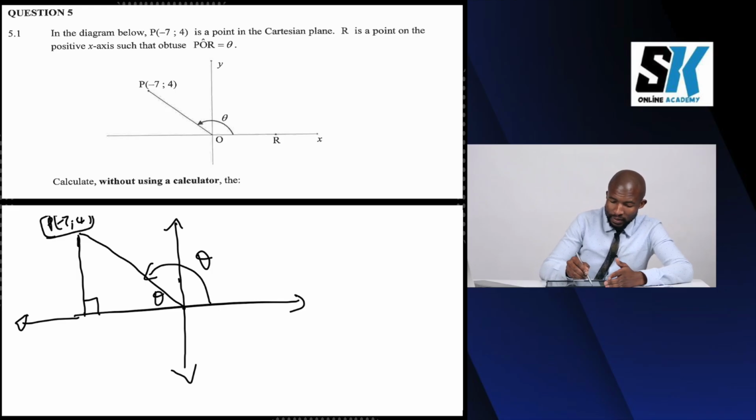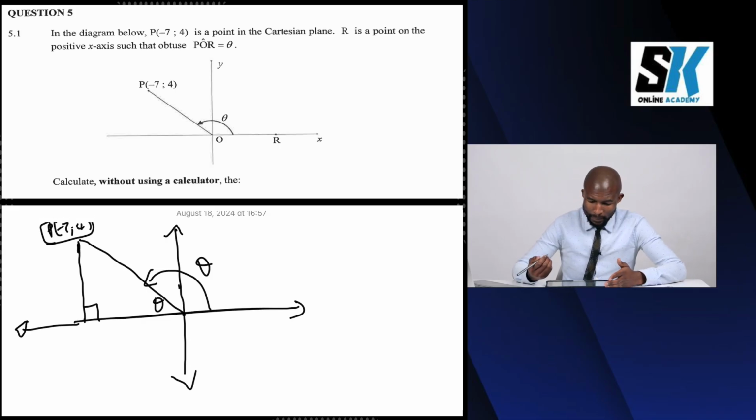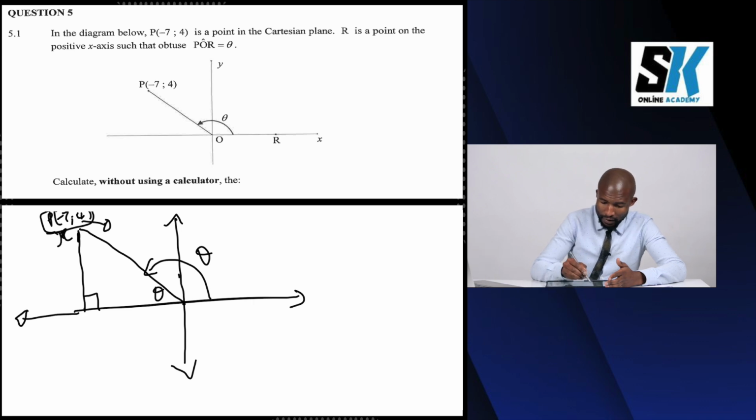Since we have P, so we know that P is (-4; 7), no, (-7; 4), my mistake. Since that's the case, we know that x is -7, and then y is 4.